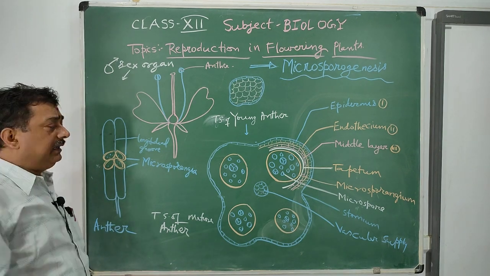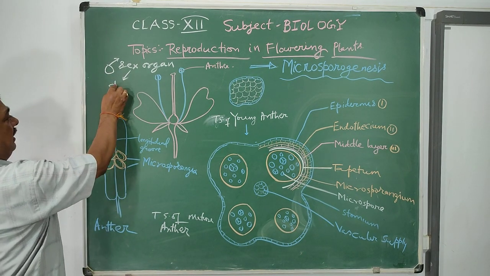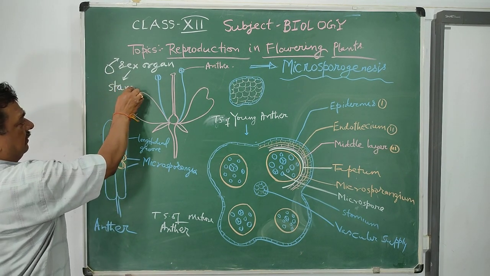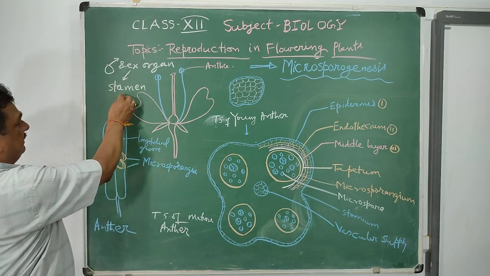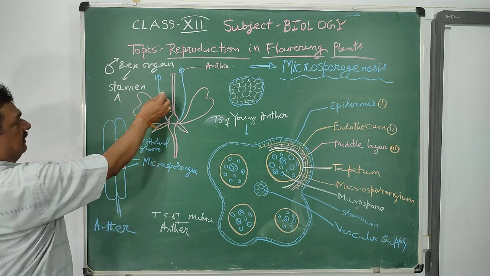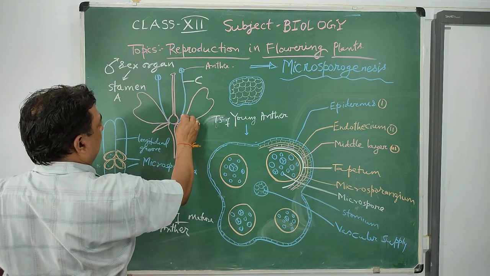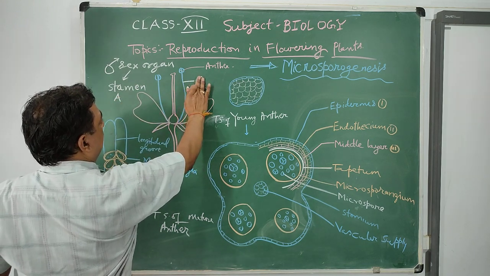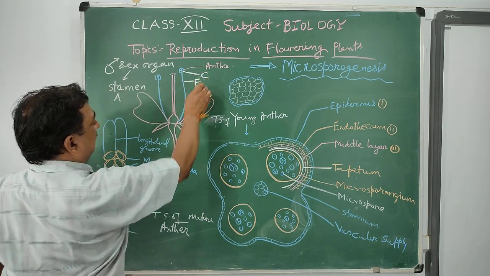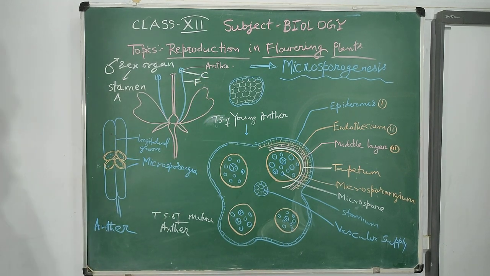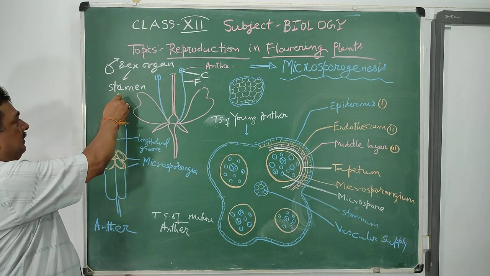The unit is called stamen. And stamen consists of three parts: anther, connective, and filament. In short, you can say ACF.